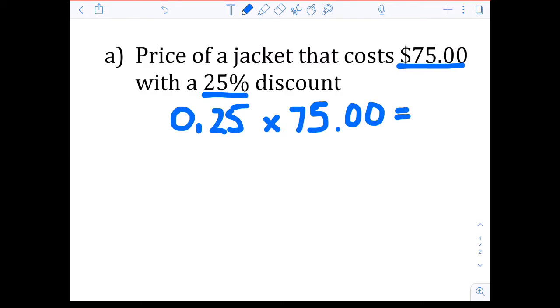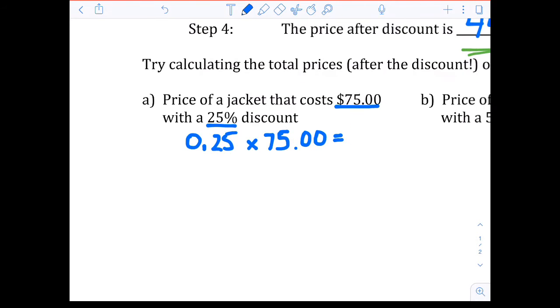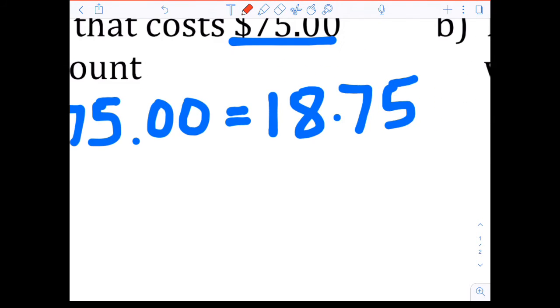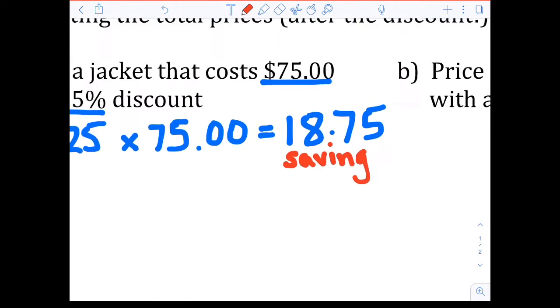So I'm going to put that into my calculator. 0.25 multiplied by $75. And we get $18.75. So that's how much we're saving.